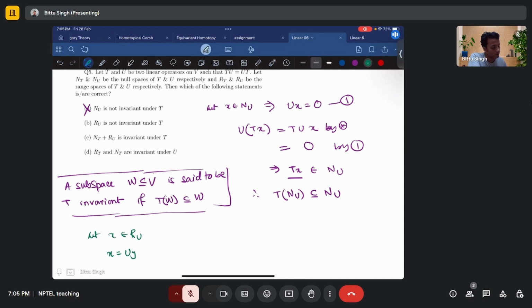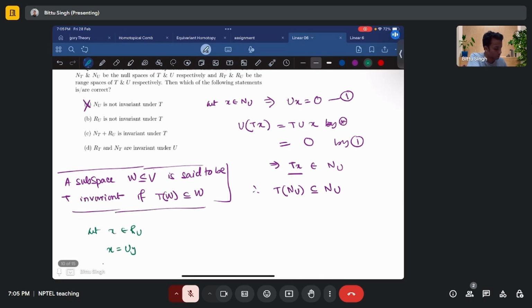Now if we apply T, this will imply Tx, where x equals Uy, is TUy, but TU is the same as UT, so this is UTy.